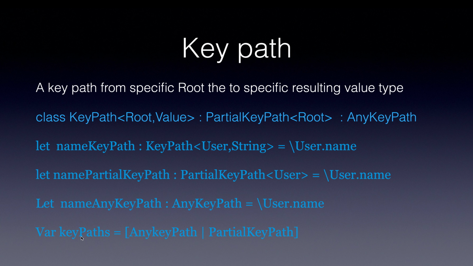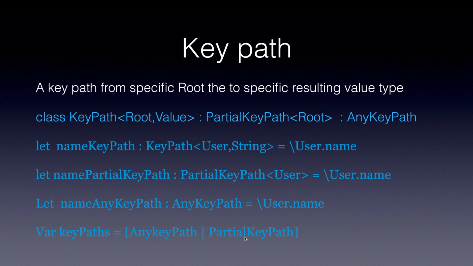So when you define an array like this, it can be a PartialKeyPath array, which allows only elements whose root type is User.